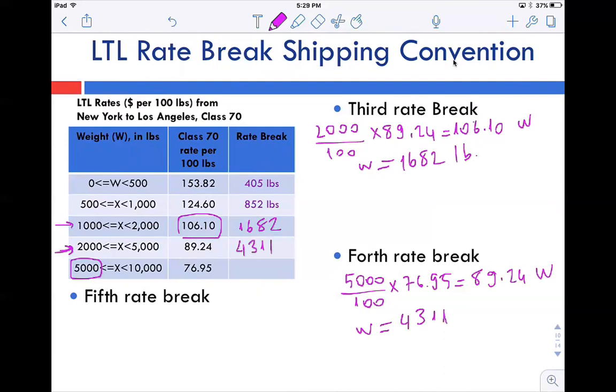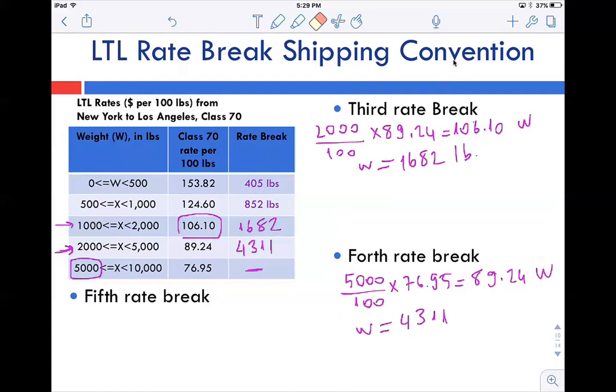We do not have any rate break here because we don't know the capacity or the interval, and then its price level for the next one. Probably if you are shipping more than 10,000 pounds, then they will start charging you a full truckload amount.